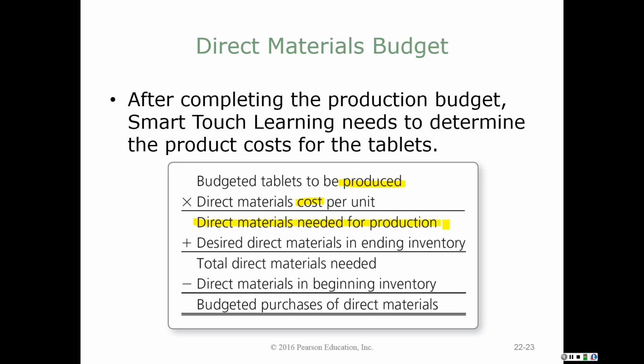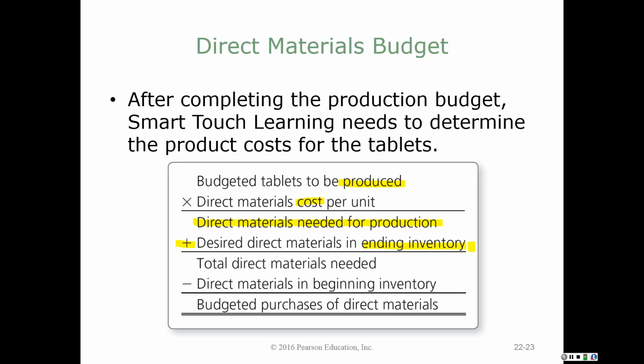But once again, we may not want our raw materials ending inventory to ever reach the empty phase. We may always want some materials on hand, and you can look back in your book. I think they told you that we need at least 40% of the desired materials for the next quarter in ending inventory. So if we know the materials that we need for production, add to that any that we want to leave in ending inventory at the end of the period.